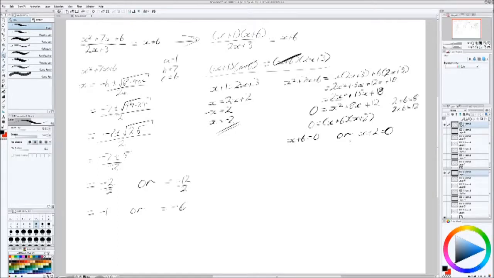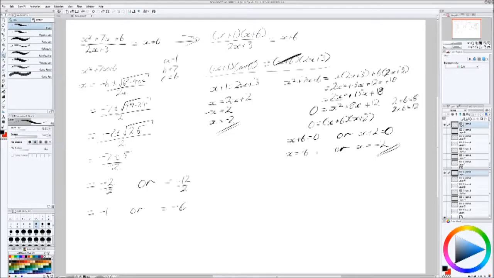Lots of numbers and letters and all of that. Hopefully it's all making a bit of sense. So then we end up getting x equals negative 6, or x equals negative 2.